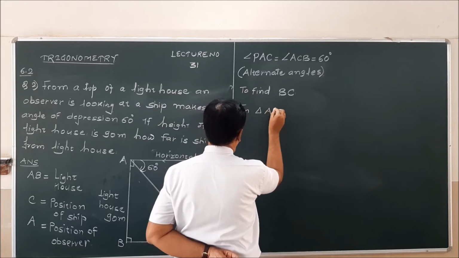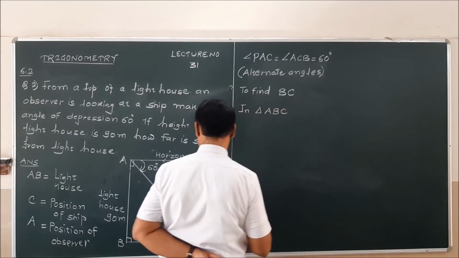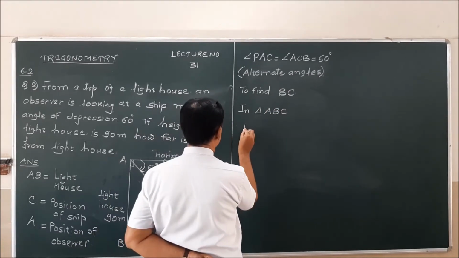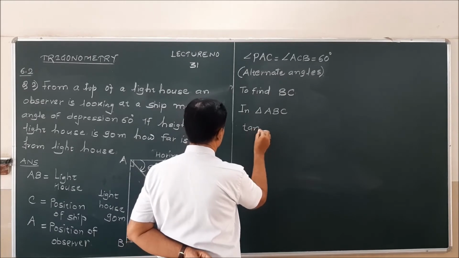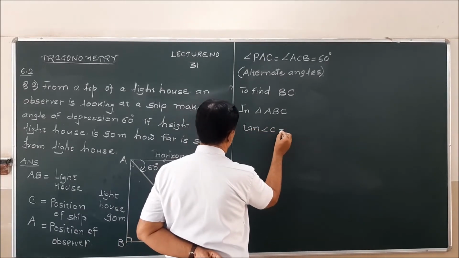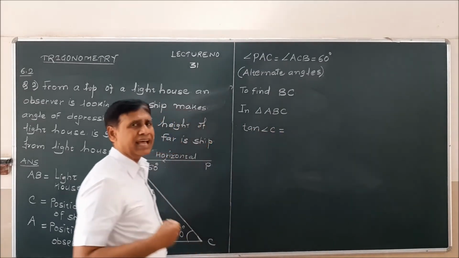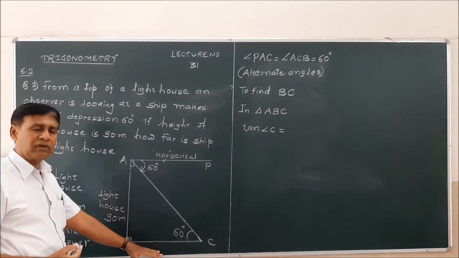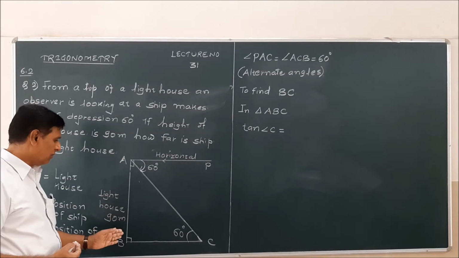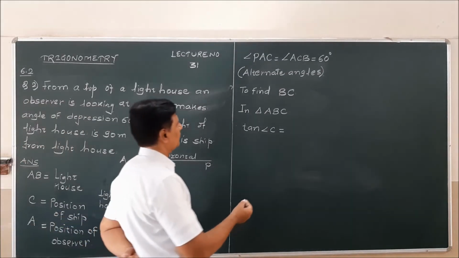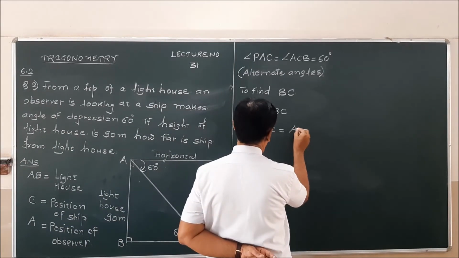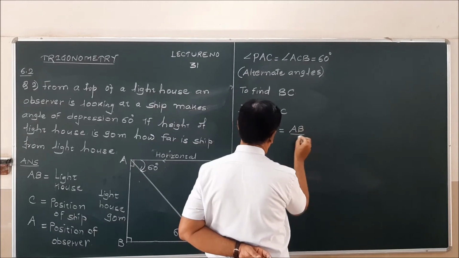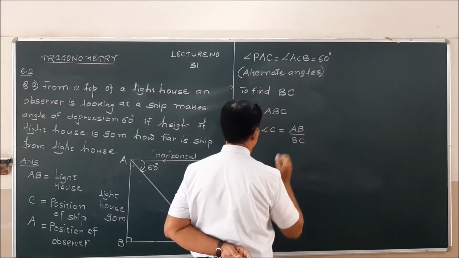In triangle ABC, tan C, again same way, tan angle C is equal to opposite side upon adjacent side. So AB upon BC.